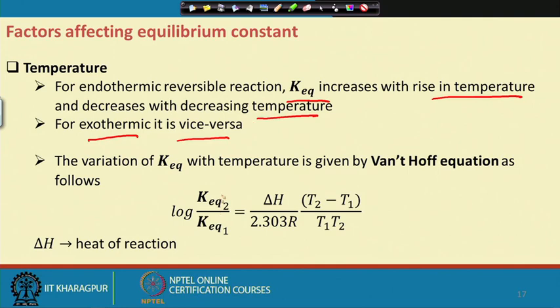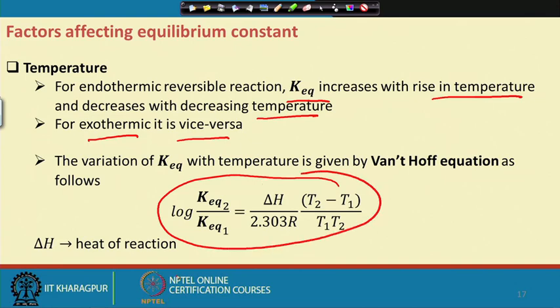Van't Hoff explained the effect of temperature on the equilibrium constant by an equation relating the log of the equilibrium constants K2 and K1 at two different temperatures. This involves the change of enthalpy, and R is the gas constant.